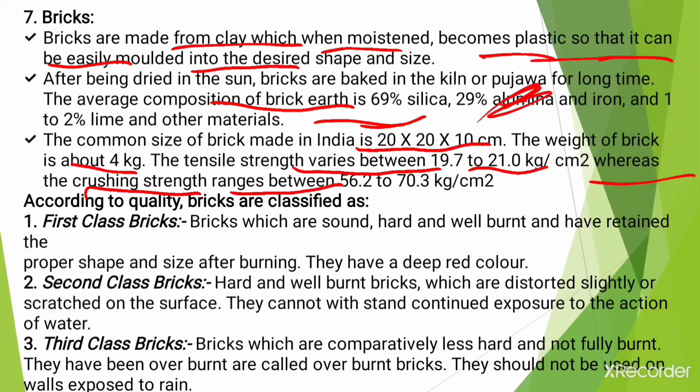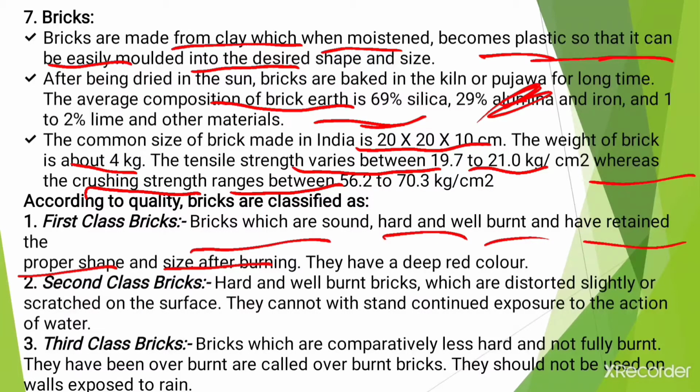Now, according to quality, bricks are classified into 5 classes. First class bricks are sound, hard, well burnt, and have retained the proper shape and size after burning, and they have a deep red color.